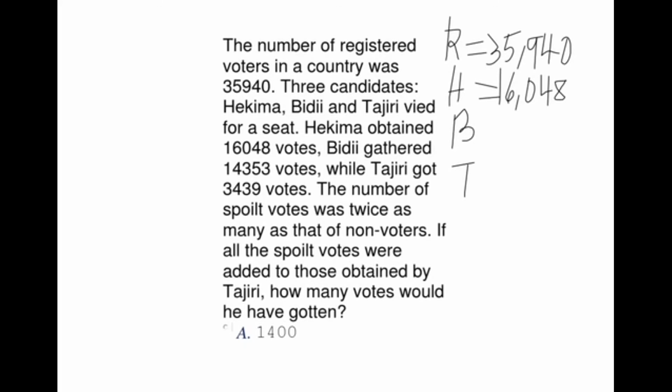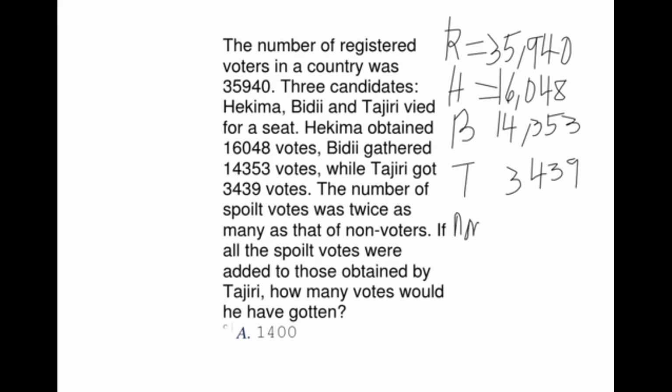Then Bidi got 14,353. Then Tajiri got 3,439 votes. The number of spoiled votes was twice as many as that of non-voters.